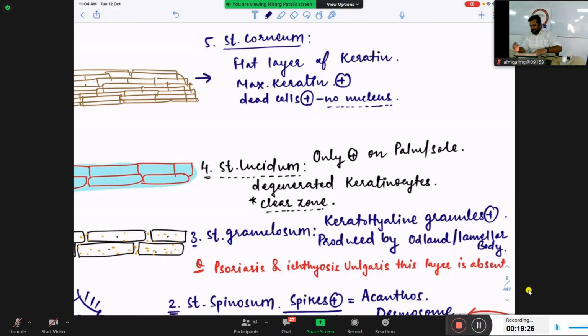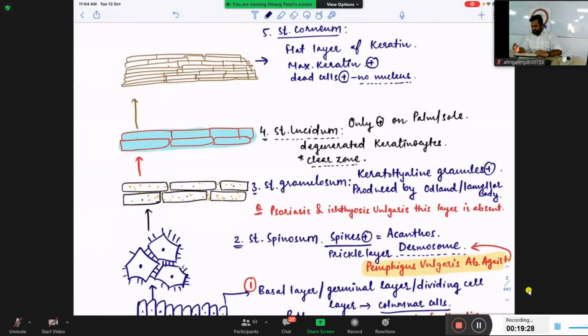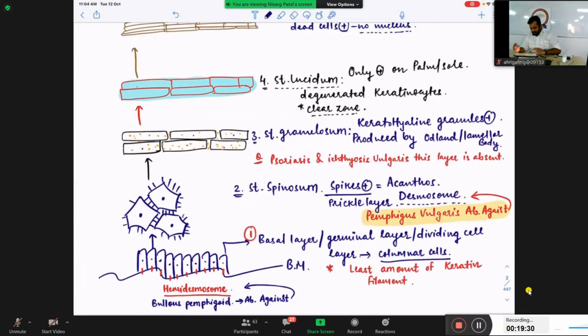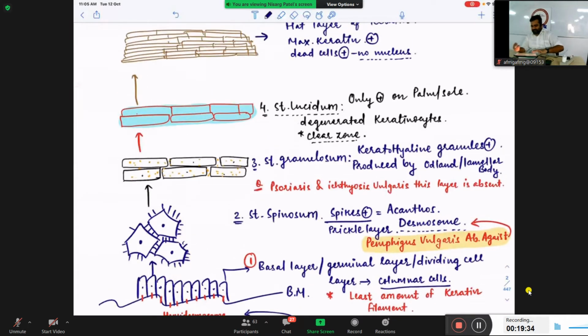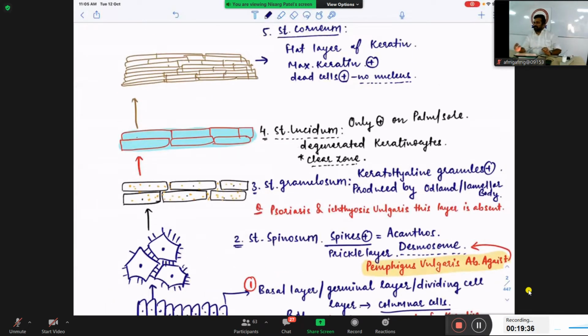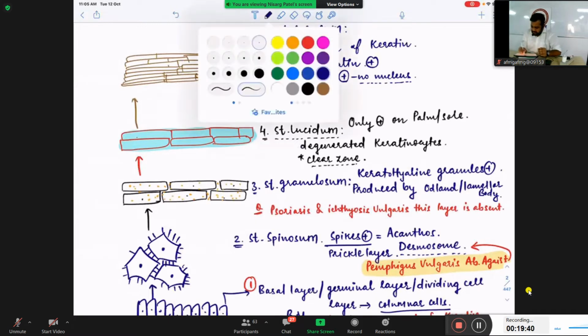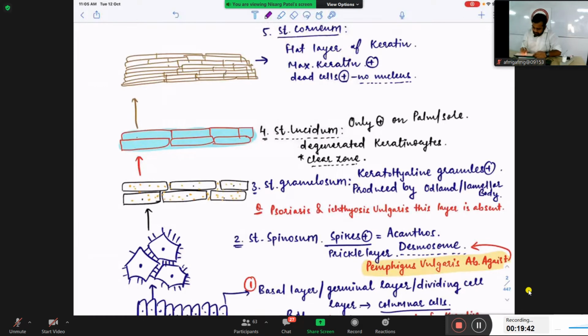So as you can see, we started from the basement membrane. From the division of the basement membrane cells, I am sending cells to the uppermost layer. So can you say in which condition this layer will be absent? If the baby is premature or an extremely low birth weight baby, what will happen? The cell will not reach the uppermost layer.